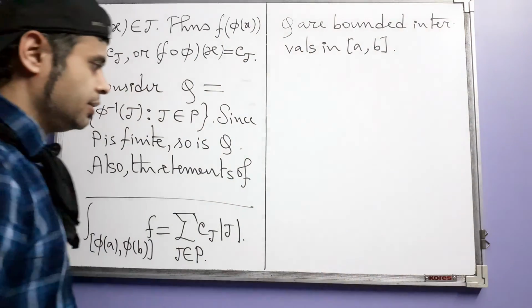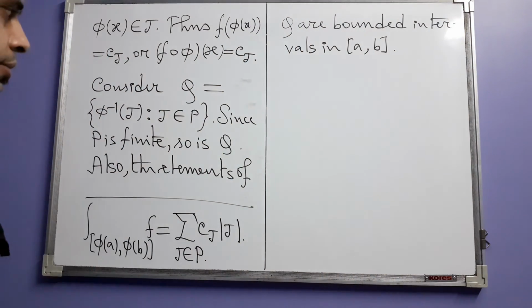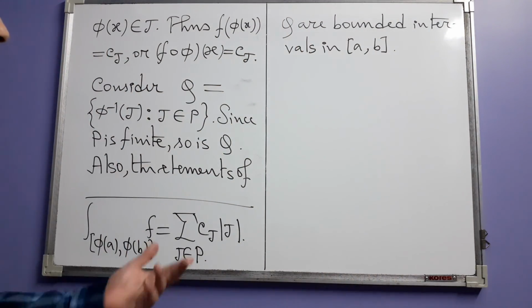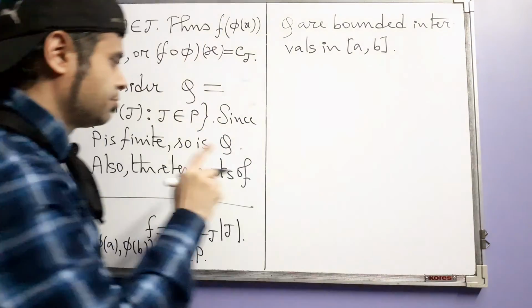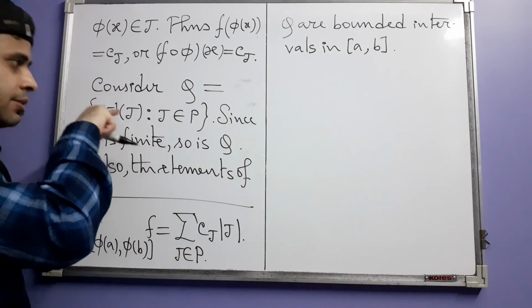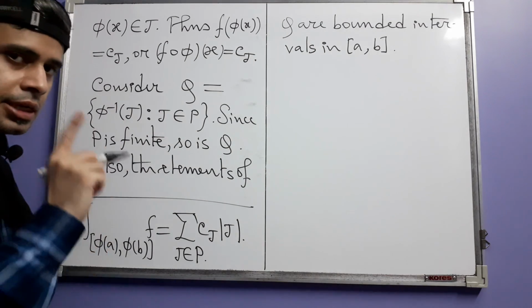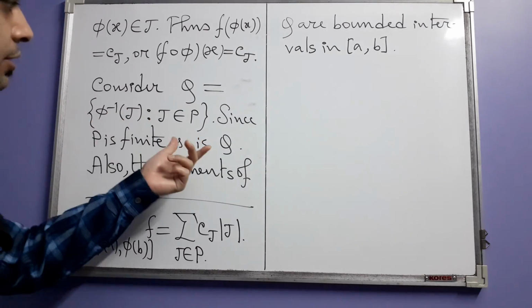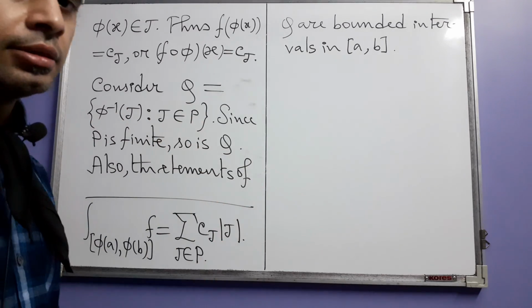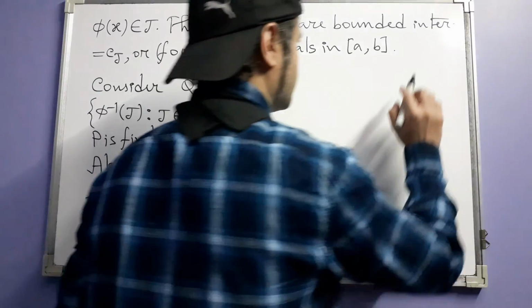Okay. What else do we need for Q to be a partition? We need to next show that any element in this interval belongs to one such set coming from Q. That is one thing. And the other thing is that distinct phi inverse of J's are disjoint, mutually disjoint.